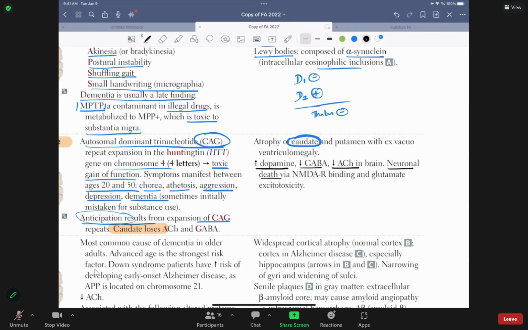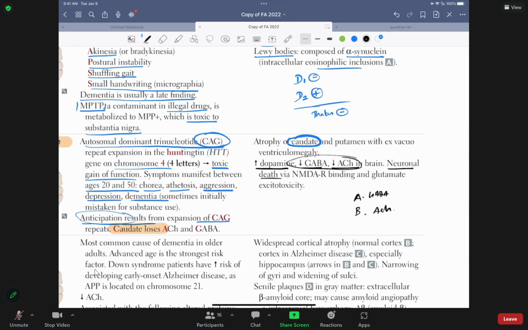Now, if they ask you which of the following is decreased in Huntington disease, and they give you both GABA and ACh, which one do you pick? Both are decreased.